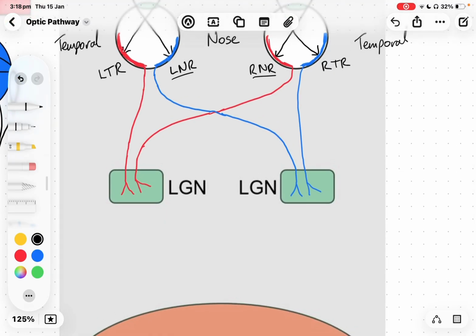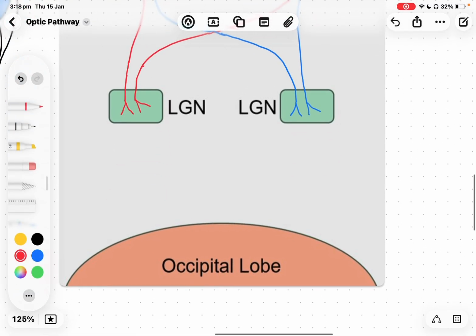And so the superior retinal fibers travel through this way, and then the inferior fibers travel around this way.